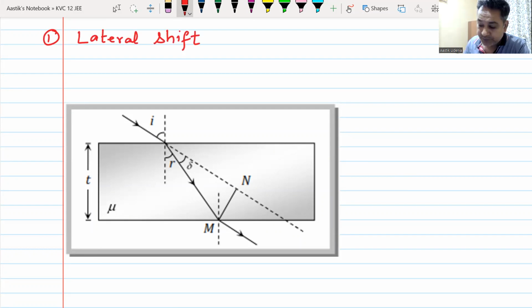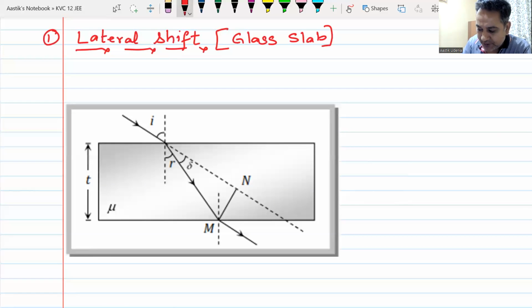Lateral shift when light passes through a glass slab. So that is the heading, my dear friends, that you are going to write. Lateral shift when light passes through a glass slab.